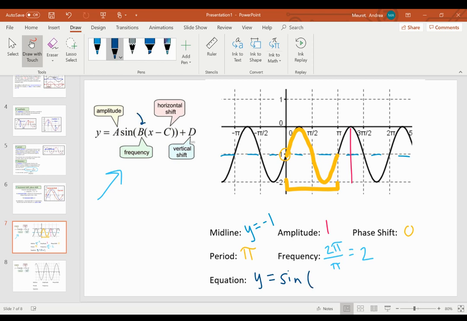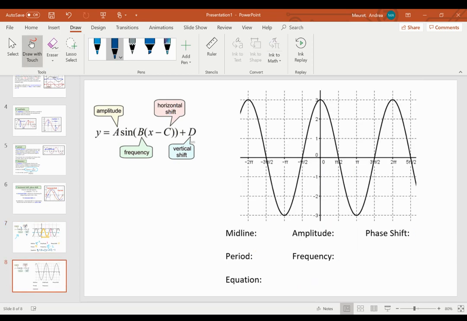We're here at B, the frequency is 2, so 2, and then x. Don't really need that set of parentheses, but I usually put it there because if there is a phase shift, you absolutely need to have those parentheses. There's not a phase shift, but there is a vertical shift, that's the midline, and the midline's at -1, so we're going to write -1 at the end. So y equals the sine of 2x minus 1.